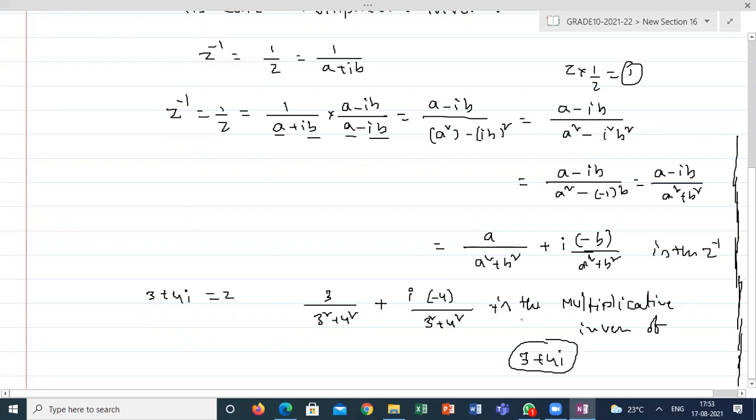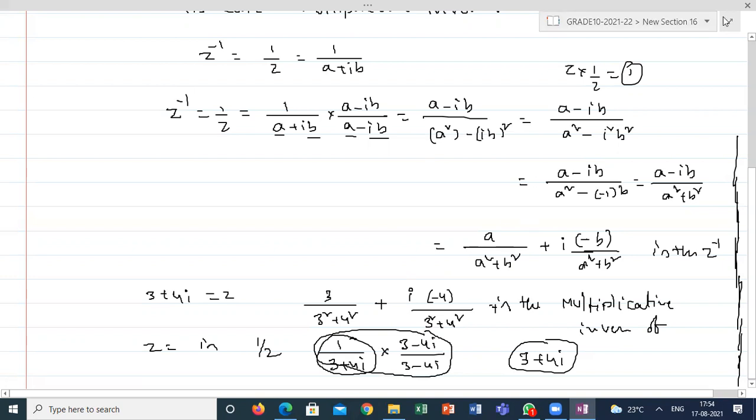If you are unable to remember this formula, just write the multiplicative inverse of z is 1 by z. That is nothing but 1 by 3 plus 4i. But 1 by 3 plus 4i is not the standard form of the complex number. That's the reason you multiply by 3 minus 4i by 3 minus 4i and convert into standard form. Whatever complex number you get after this operation is your multiplicative inverse. Is it clear, guys, what I'm saying? Yes, sir.